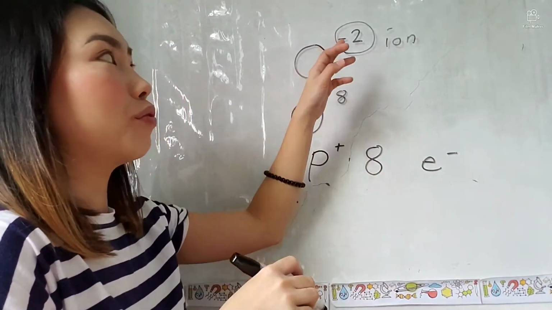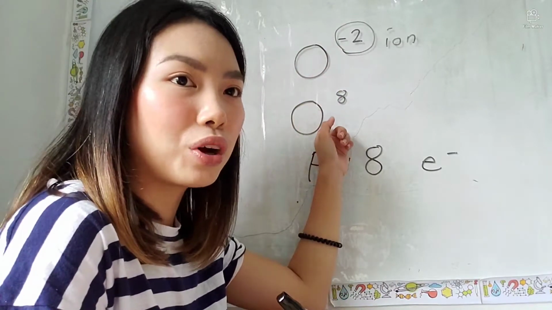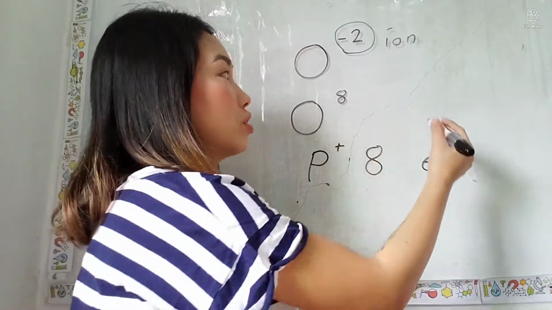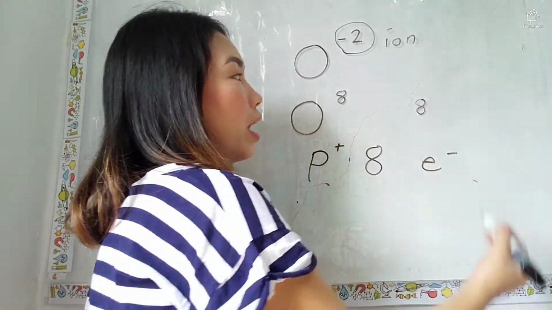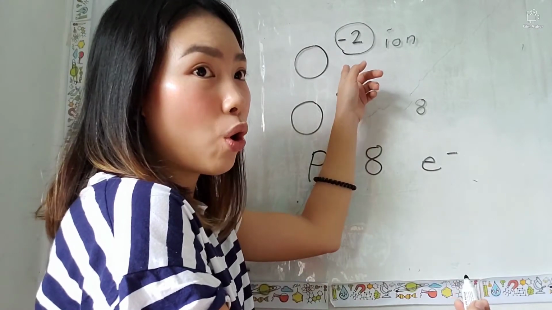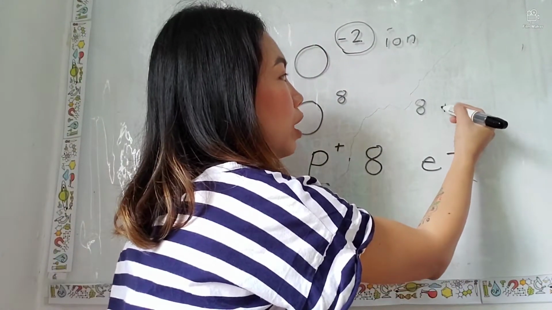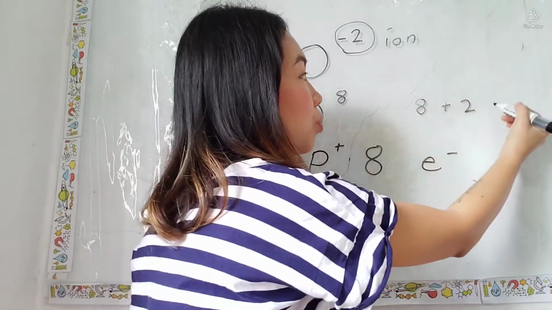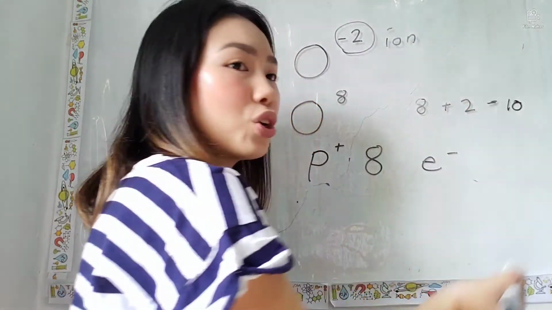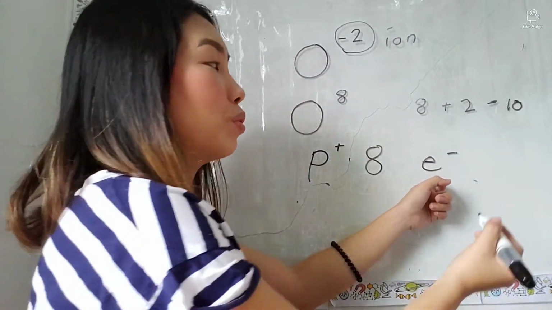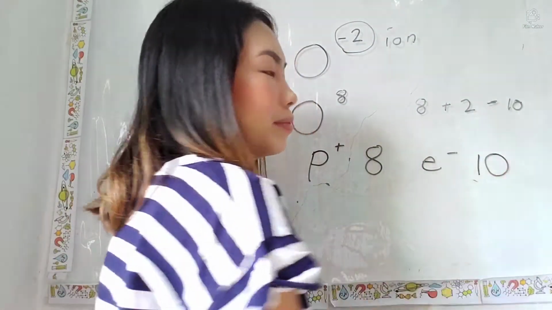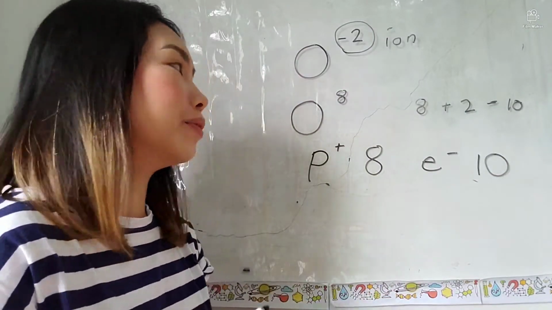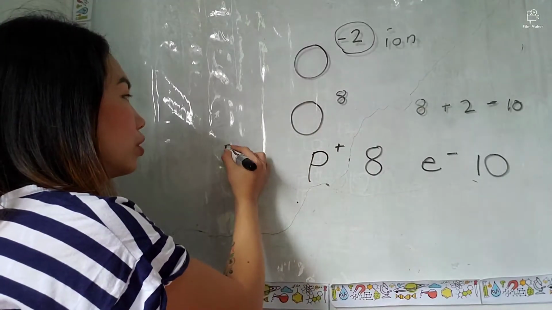Add the value of ion to your atomic number. So, if the atomic number of oxygen is 8, and you have an ion of 2, i-add mo ngayon yung anion mo. So, we have 8 plus 2 is equals to 10. Then, your answer for the number of electron will be 10.